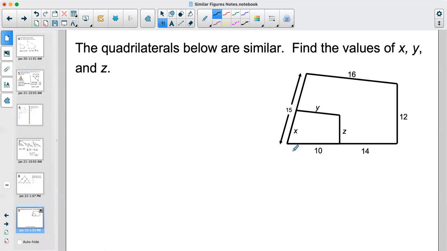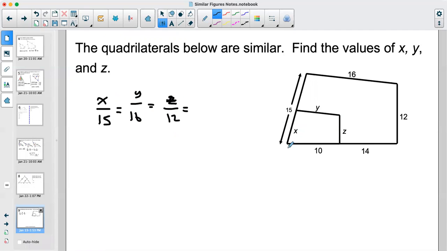So the corresponding side to X is 15, so I can write X over 15. The corresponding side to Y is 16, so Y over 16. I can't solve this yet because it has two variables. The corresponding side to Z is 12, so Z over 12.